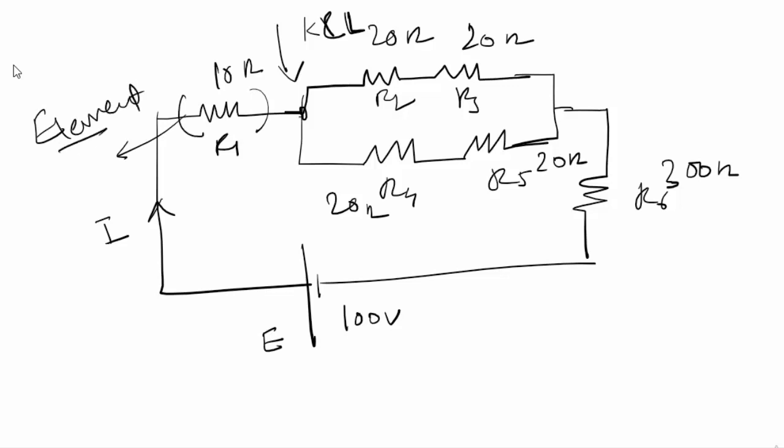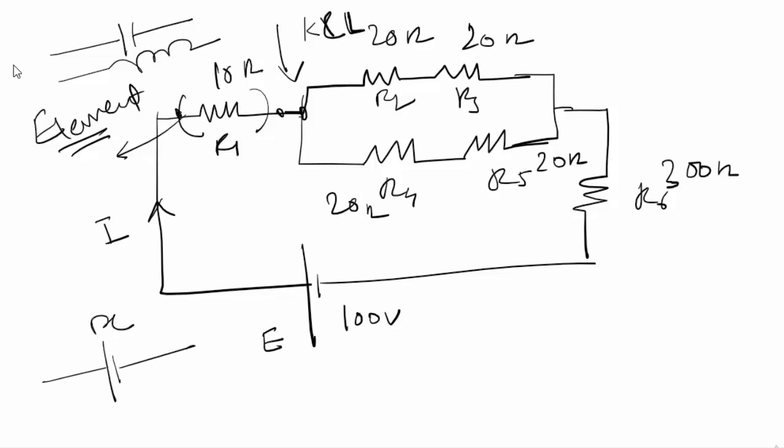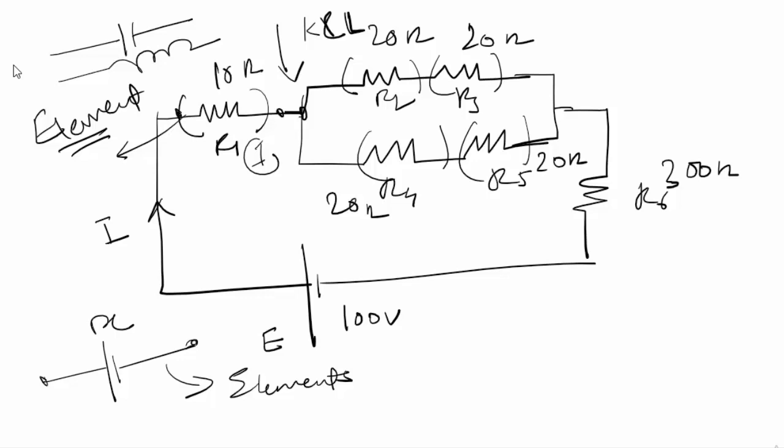Individual resistors, or when you are considering an AC circuit, a capacitor or an inductor, even a source of DC, these individual things are known as elements of the circuit. This is one element, this is a second element, a third, a fourth, a fifth. A place where two or more elements meet is known as a junction, or a node.